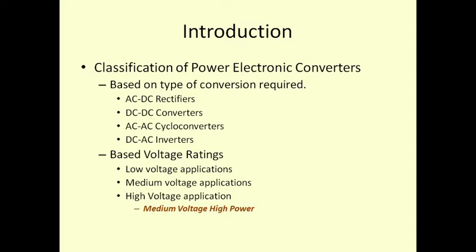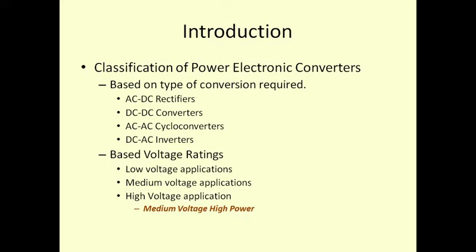We can classify the power electronic converters as DC to DC, DC to AC, AC to DC, or AC to AC. AC to DC converters are known as rectifiers. DC to DC converters are basically choppers. AC to AC are known as cycloconverters or voltage regulators, and I will elaborate these two terms later on in these slides.